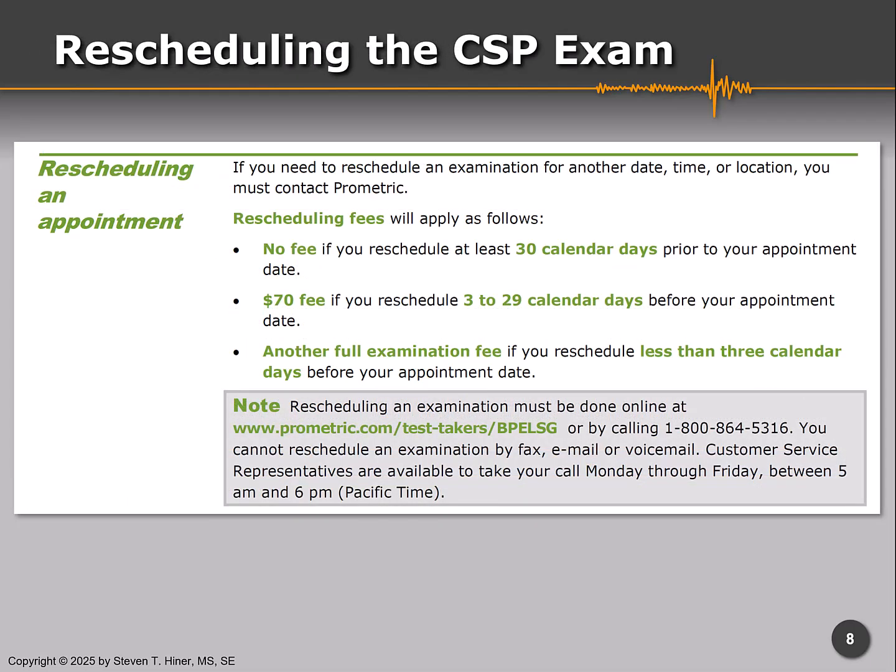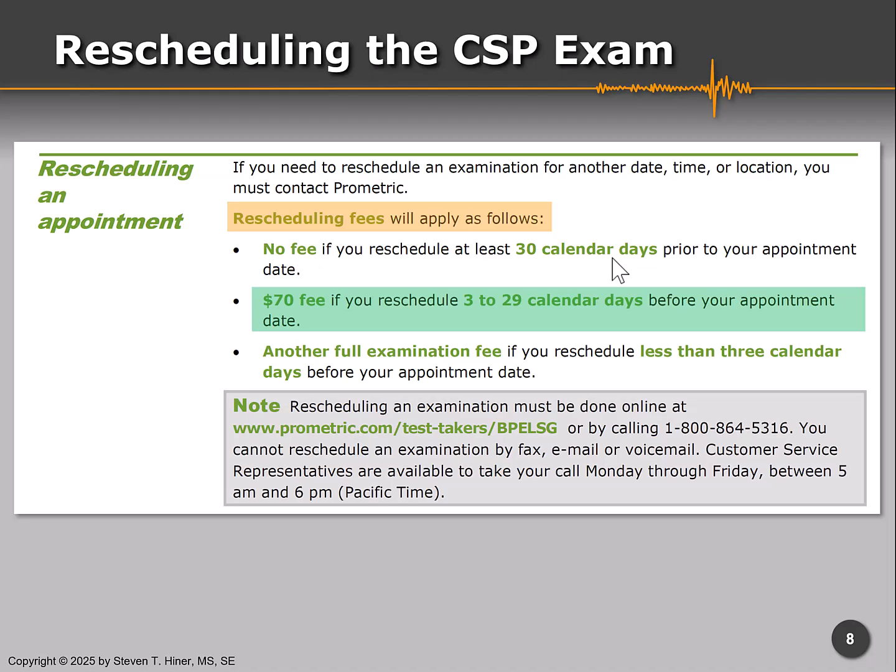In terms of rescheduling the CSP or even the CES exam, if you decide that you're not ready for the exam and want to reschedule it, or sometimes somebody might feel like they are ready and they want to move their exam forward, there's no fee if you reschedule at least 30 days prior to your current exam date, and there's a $70 fee if you reschedule between 3 and 29 calendar days.